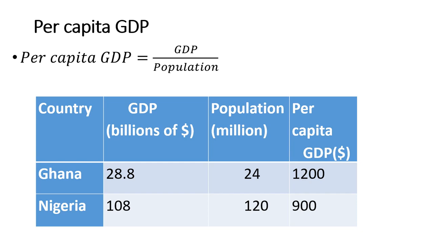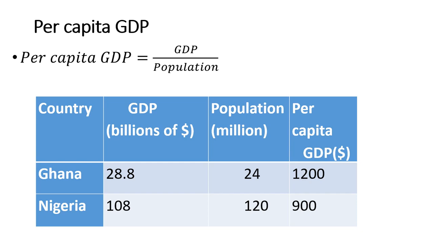So to make a comparison, or to use GDP and national income statistics as a tool for comparing quality of life of citizens, it is not enough to just look at the big GDP. It is better we look at how much each person in that country will get out of that GDP, so that we can compare it to that of another country.